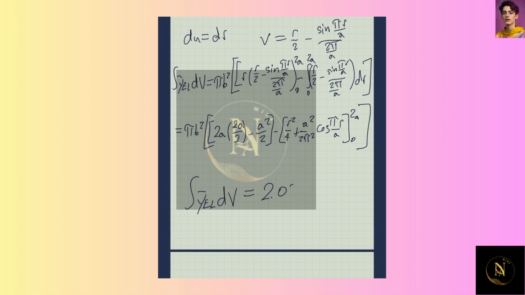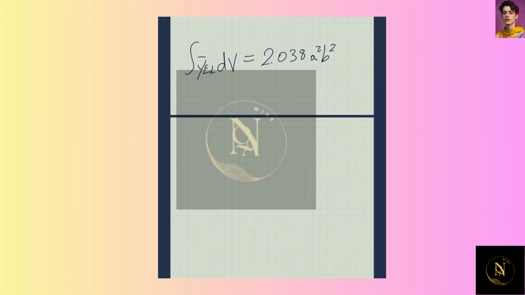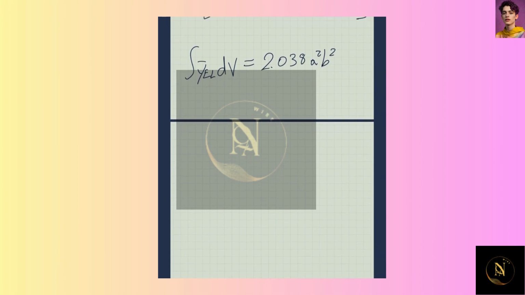Now just plugging in 0 and 2a, we can solve and simplify to get that the integral of the differential element is equal to 2.038 a squared b squared.